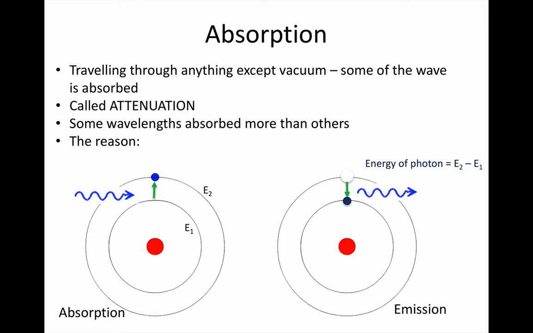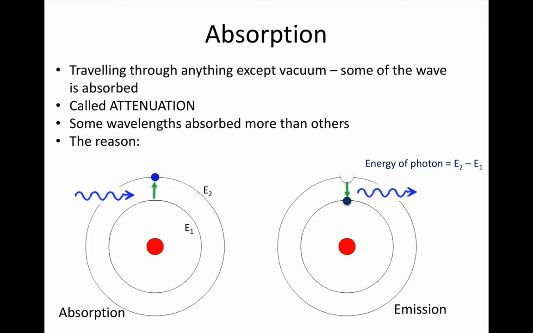Each shell has a particular energy, and the further out shells have higher energy than the ones nearer the nucleus. So an electron in the simplified atom in the diagram you can see would need a packet of energy to jump from the inner shell 1 that has energy E1 to the outer shell that has energy E2.